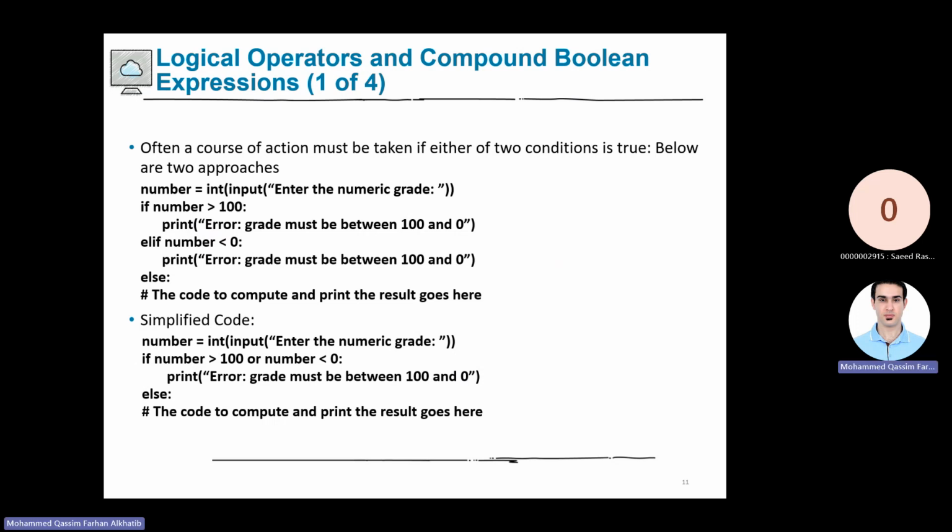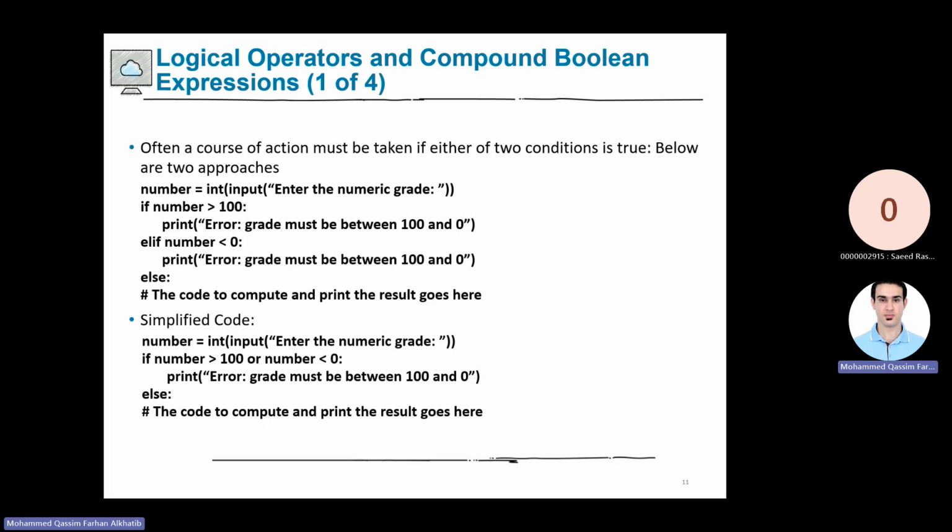Now, sometimes you cannot apply only one condition. For example, the mark. Right now, we accepted the mark as it is. Let's say if you put -5, the code will still run fine. If you put 150, the code will run fine. Why?